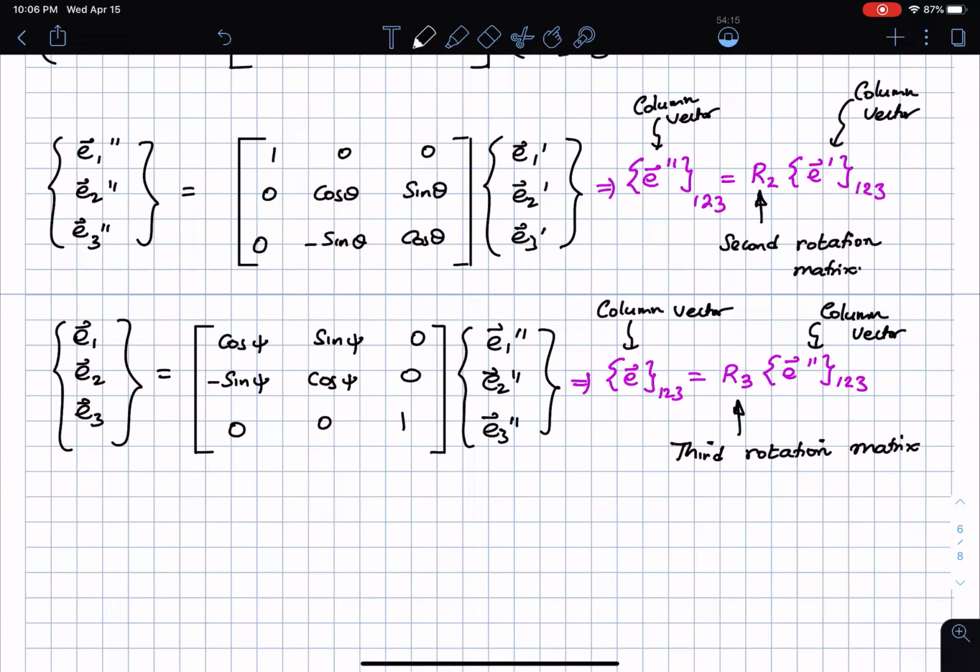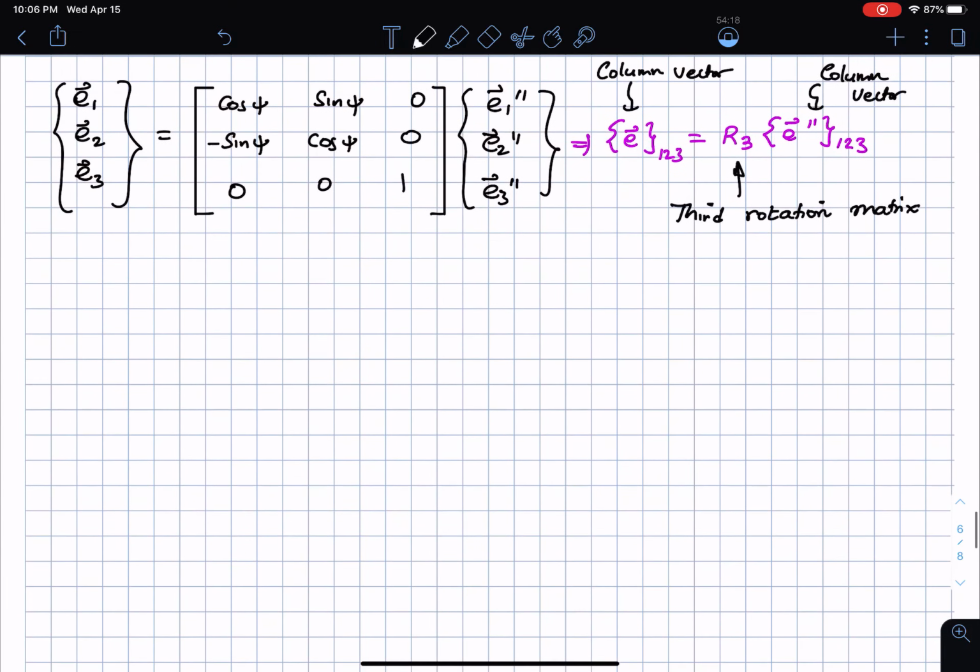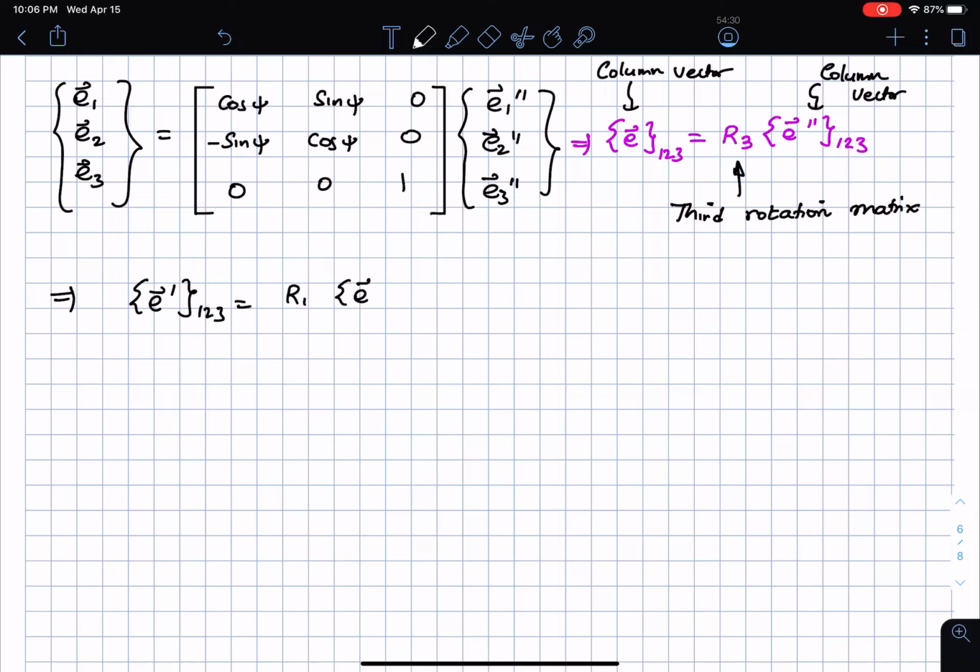All right, so I have all of these things collected, and so I just want to rewrite these things and say the following. First of all, E prime 1, 2, 3 is R1 times E x, y, z. E double prime 1, 2, 3 is R2 times E prime 1, 2, 3.